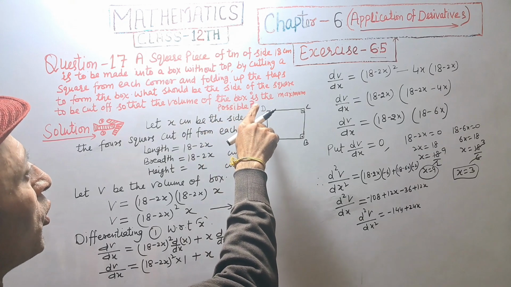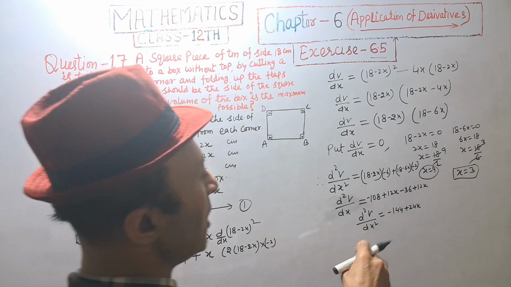So that the volume of the box is maximum, the double derivative must be negative.